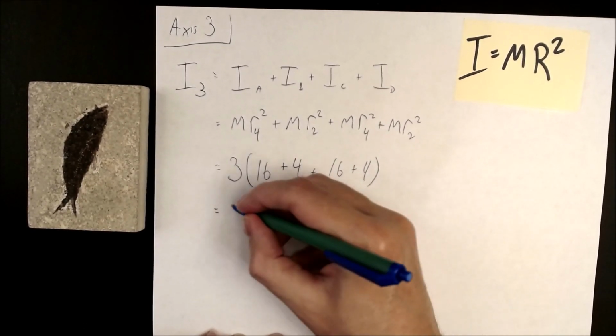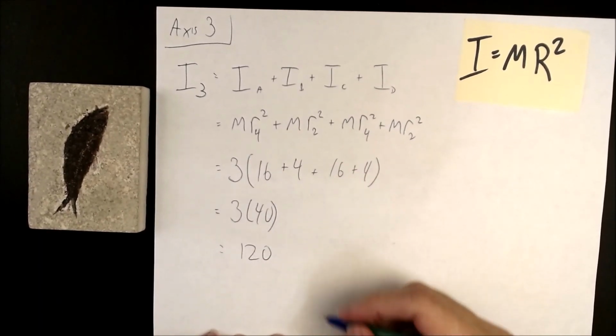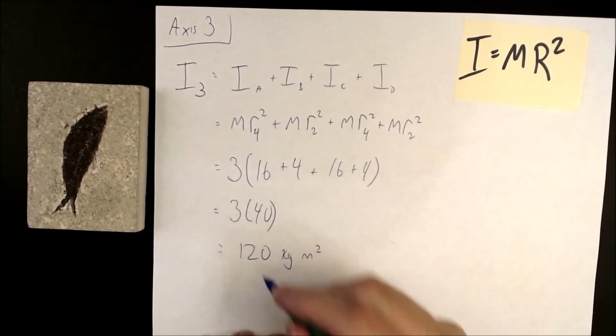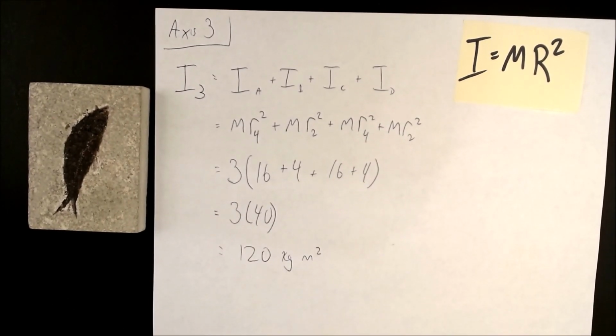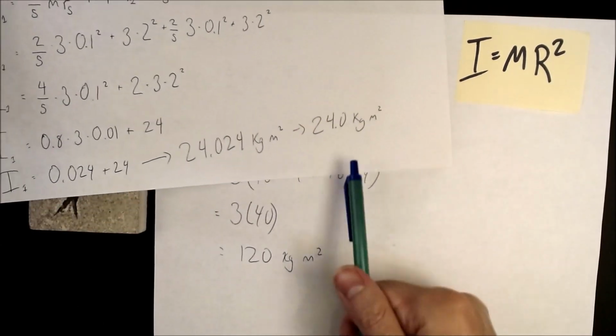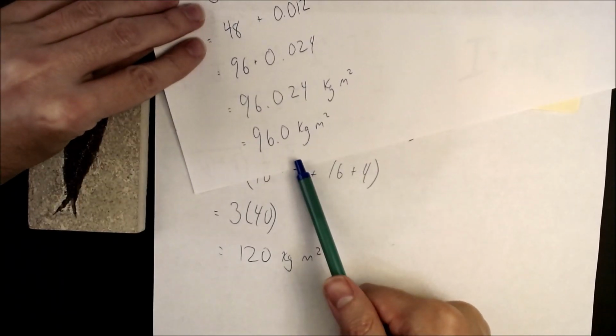So 3 times 40 is just 120 kilograms meters squared. That is the moment of inertia around axis 3. Axis 1, it was 24. Axis 2, it was 96.